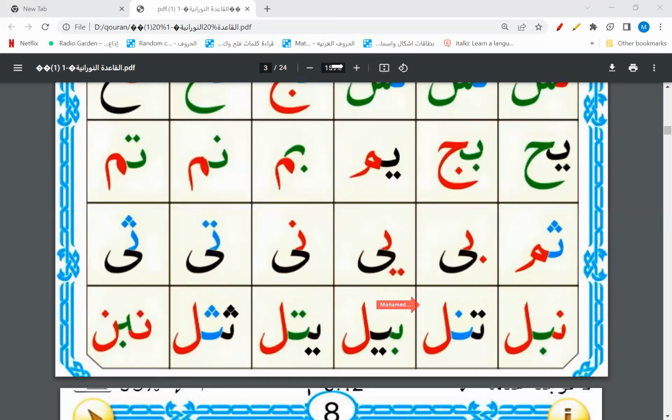All right. And this one? That one is ba, ya, la. How about this one? Ba, ta, la. No, the first one is ya. Oh yeah, I forgot the two dots. So ya, ta, la. How about this one?